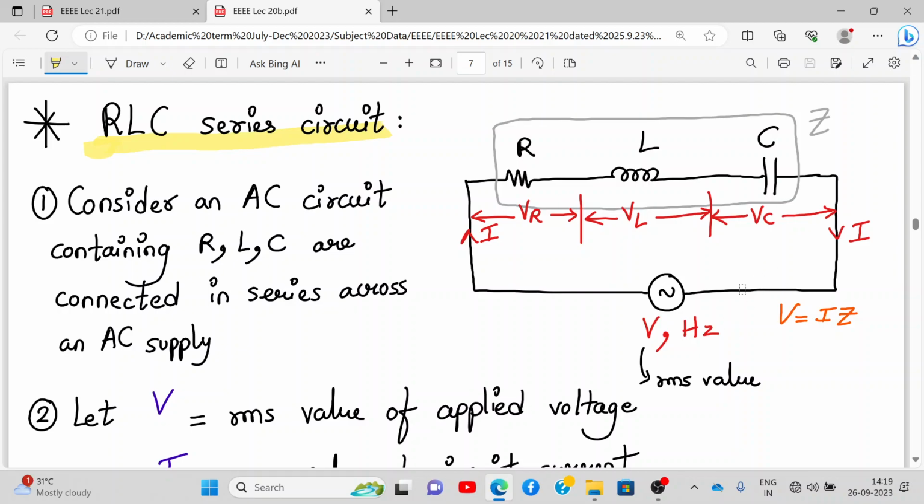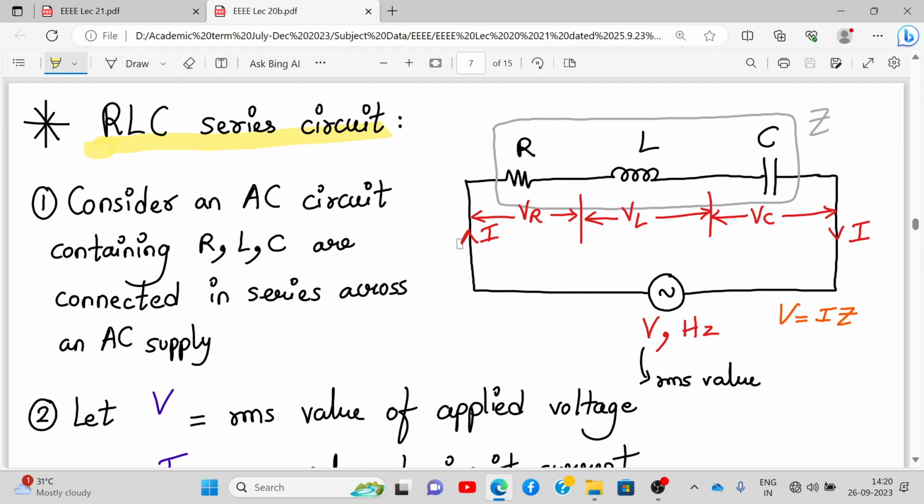Over here we apply the voltage V of frequency f Hertz, and the circuit current will be capital I. Individually across the resistor, the voltage will be VR, across the inductor it will be VL, and across the capacitor it will be VC.